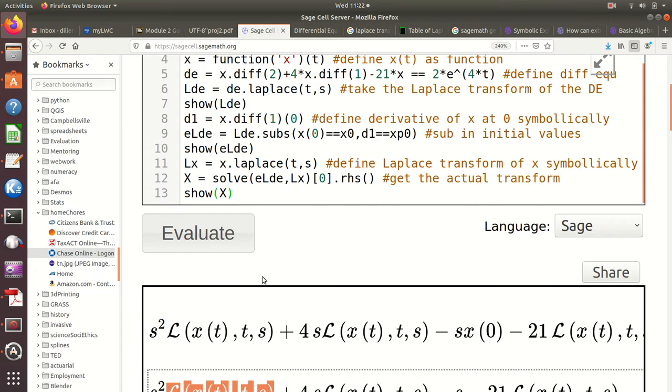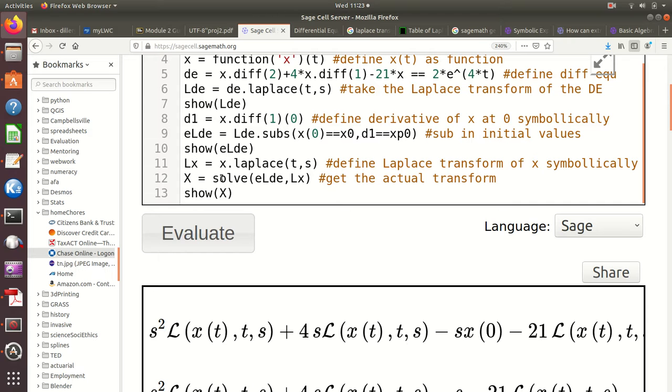And so to do that, once I figured out that nifty little trick, I defined the Laplace transform of x this way, x dot Laplace transform, and use that same t and s. So there I'm saying I define that Laplace transform. Now I'm going to get rid of this for a moment.